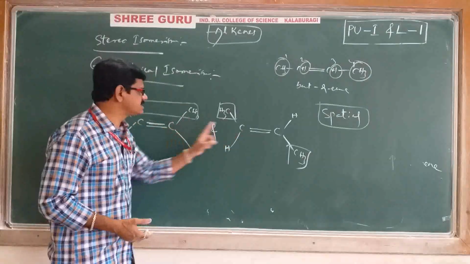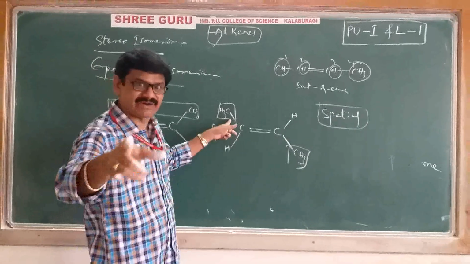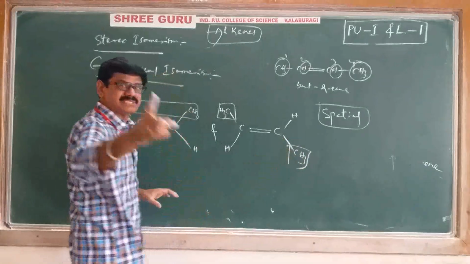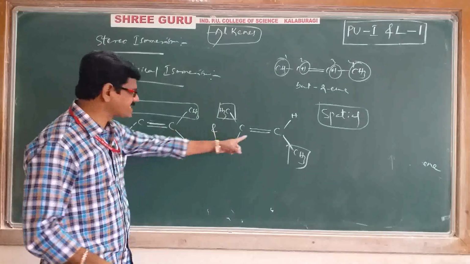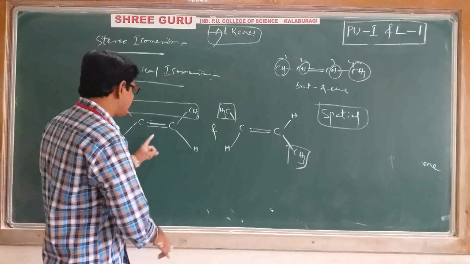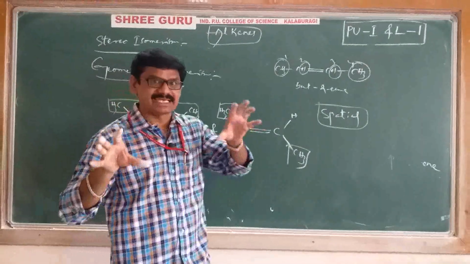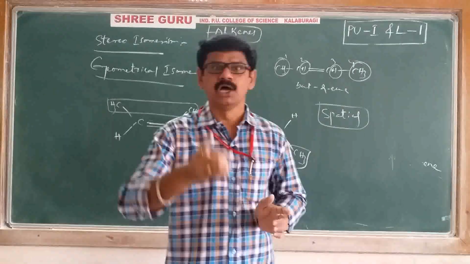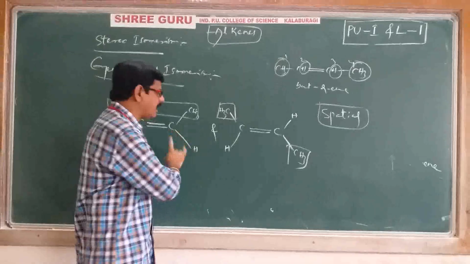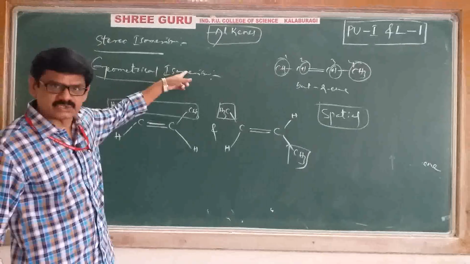Compounds having the same molecular formula and structural formula, but differing in the spatial arrangement of atoms or groups due to restricted rotation across a carbon-carbon double bond, are called geometrical isomers, and the phenomenon is called geometrical isomerism.